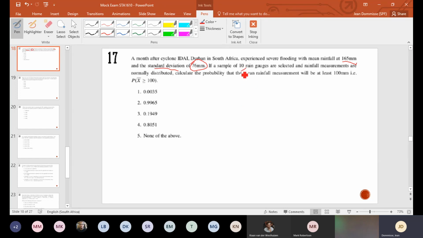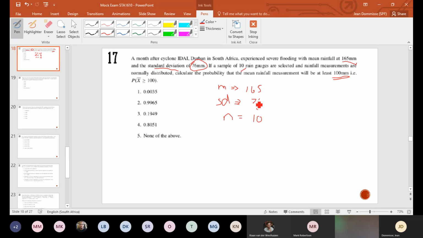If the sample is 10, we know the mean is 165, the standard deviation is 76, and n is equal to 10. Rainfall measures are normally distributed. Calculate the probability that the mean rainfall measurement will be at least 100 millimeters.